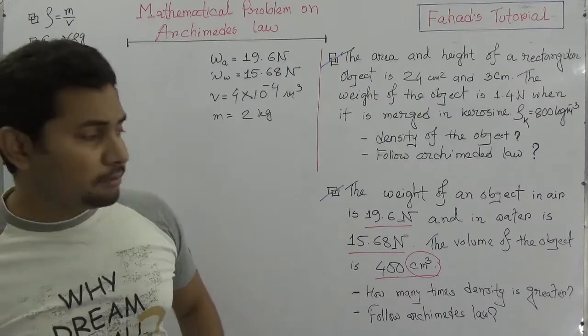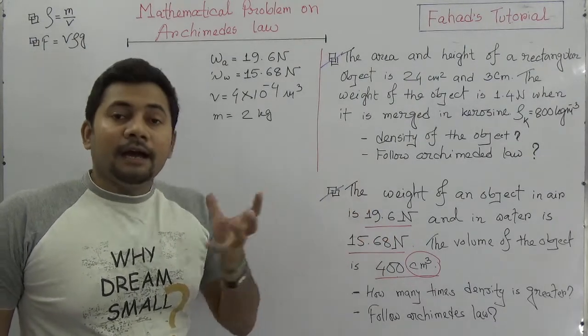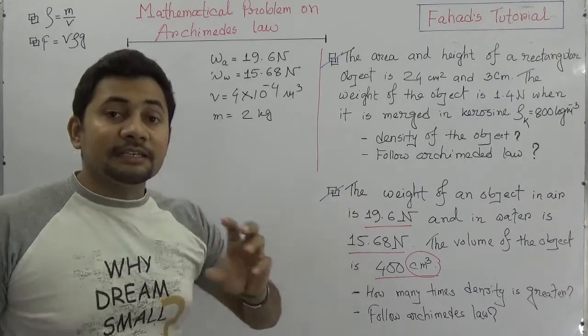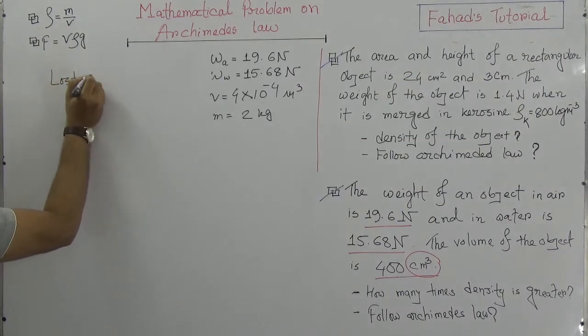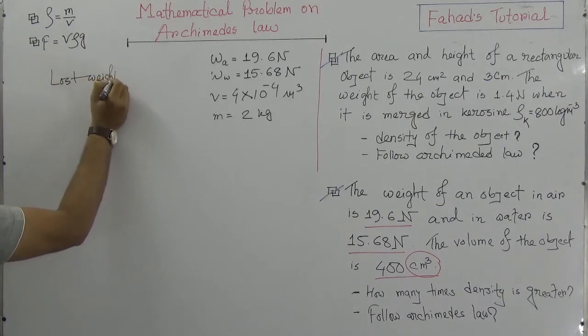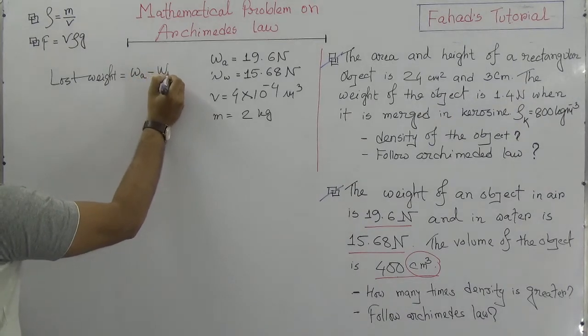Now the question is, when it was immersed into the water, we see that it lost some weight. So what is the lost weight? The lost weight is the weight in air minus the weight in water.